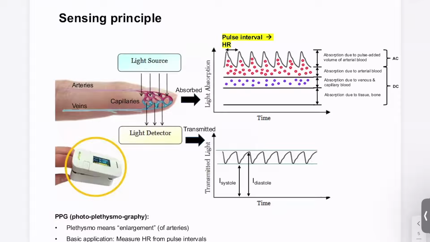And can we extract anything from the amplitude of the AC component? Does the amplitude of the AC component tell you anything? The AC component is coming from your pulsatile volume of arterial blood. So does this amplitude tell you anything? Go ahead.